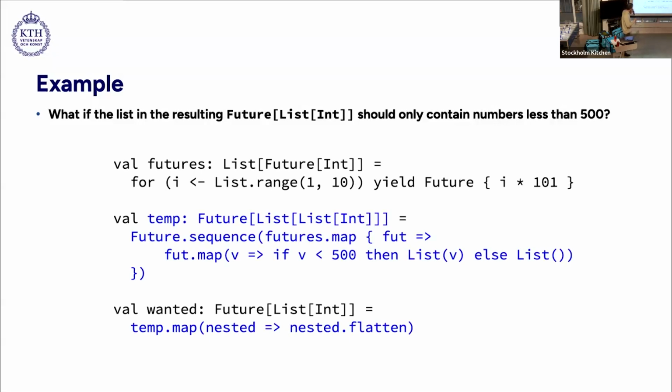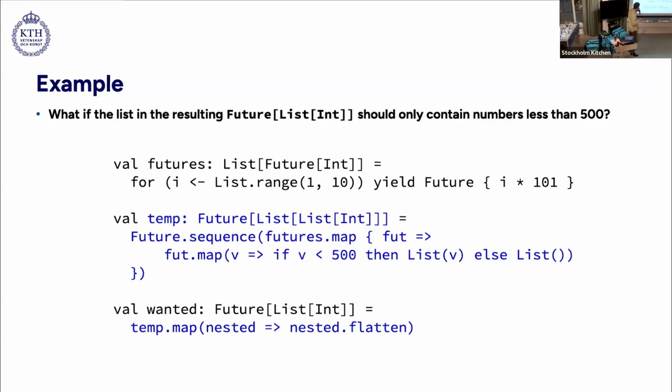But now each future should be transformed into another future which, in this case, has a result which is a list. And the list either contains a single element if this passes our filter, or it's an empty list.